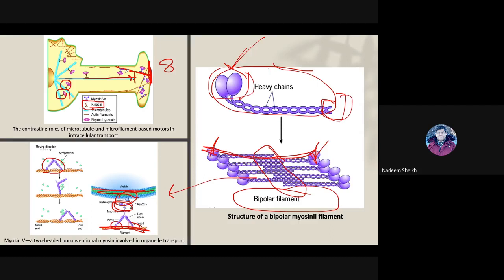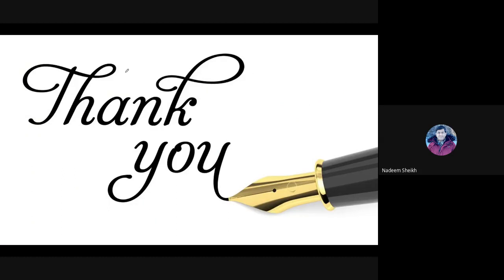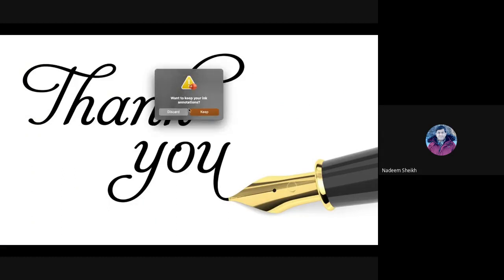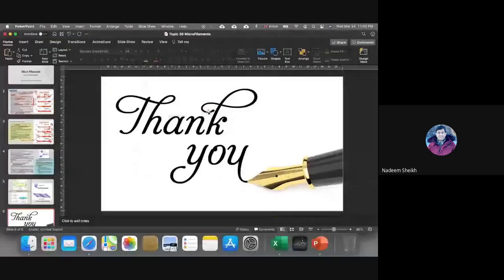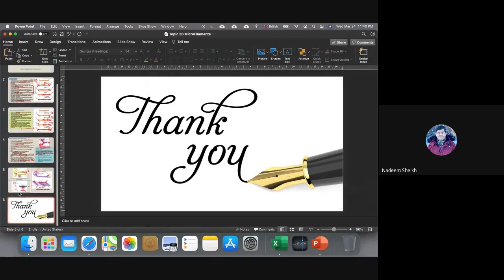So we can simply say that transport is not only the function of microtubules and kinesin, but myosin and actin also play a role in cellular transport. So this is all about your cytoskeletal elements, and the course contents are completed today. Any question you can ask.